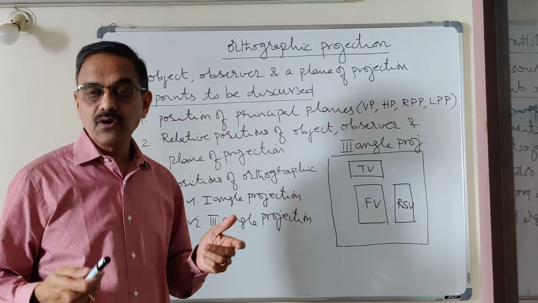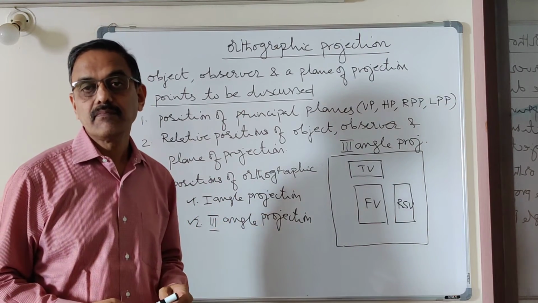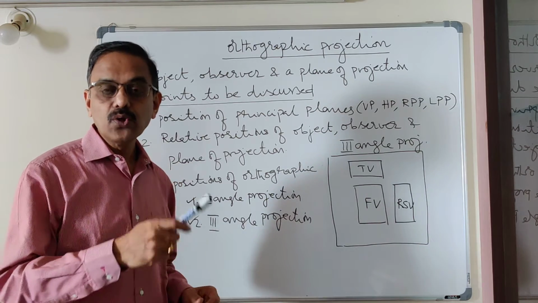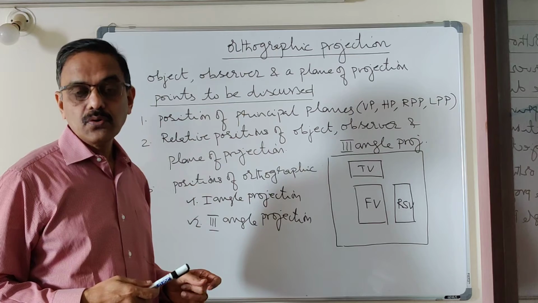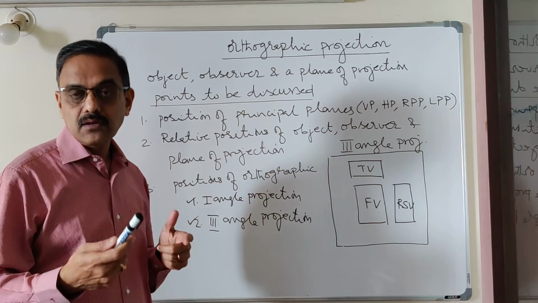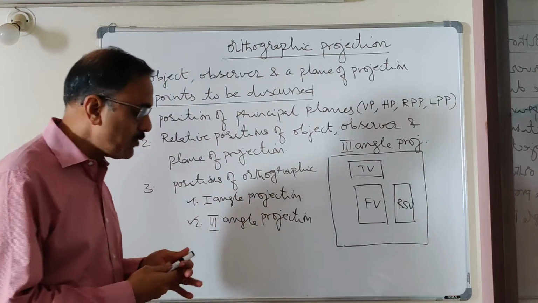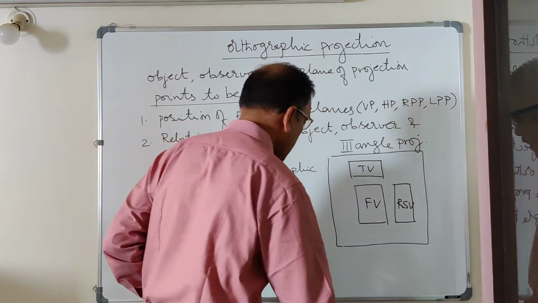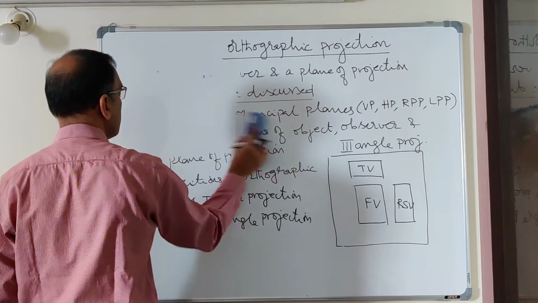Maybe their country is following third angle projection, we are following first angle projection. Now, when you send your drawing, how do you communicate that you have followed first angle projection? It is communicated by a symbol. Let me tell you about that symbol now.